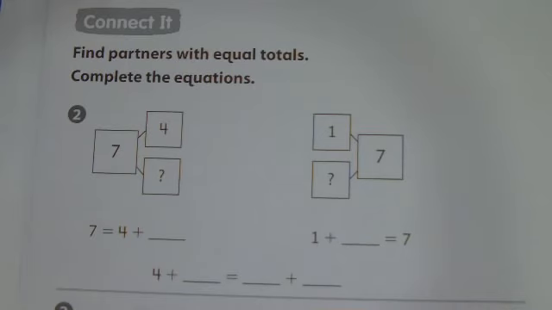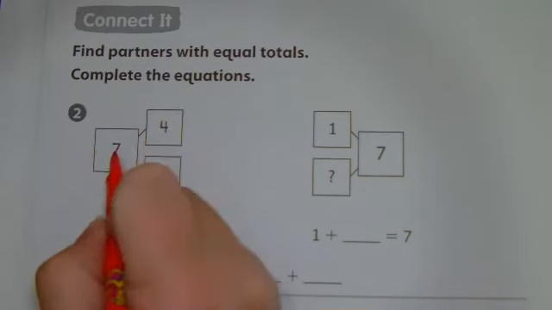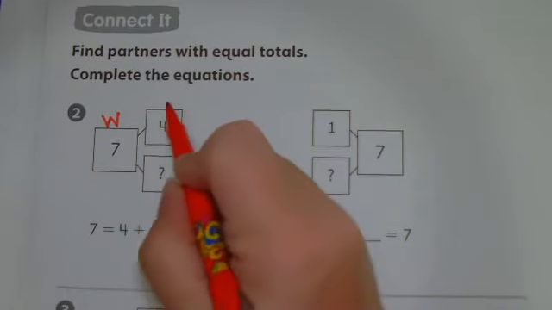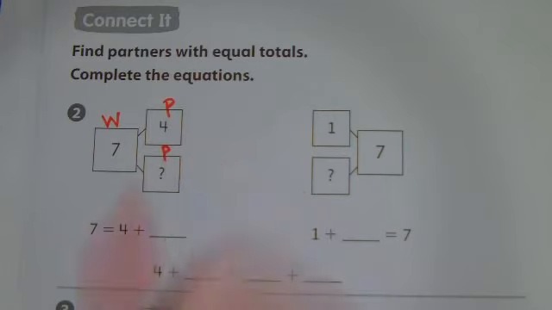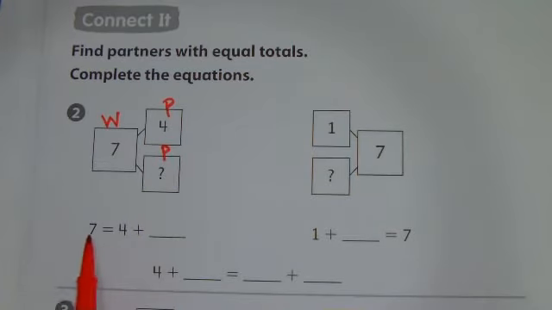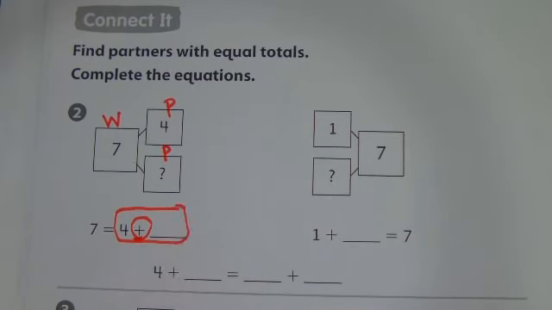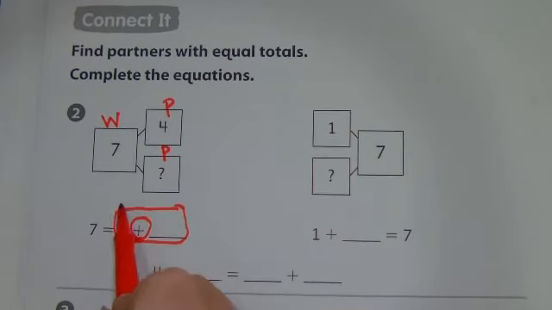Okay, remember there's only one whole. Here we go. Whole, right? Part. Okay. 7 equals 4 plus blank. This is my plus symbol right here. That tells me everything around it has to be a part, right?